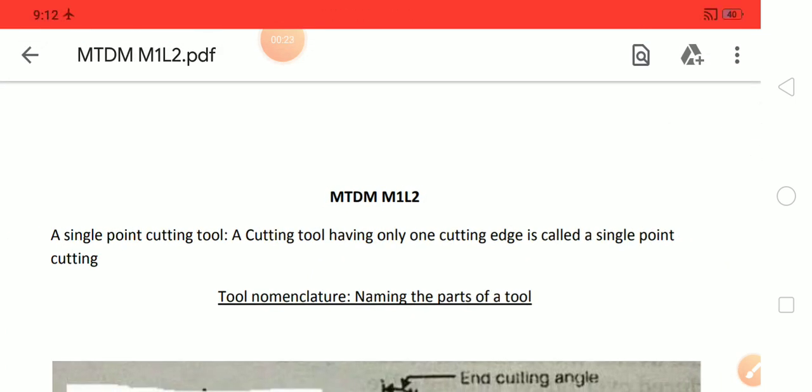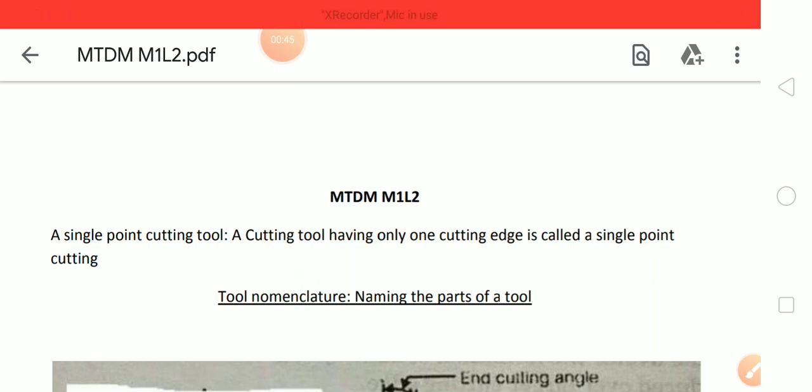A single point cutting tool has only one cutting edge, and that is called a single point cutting tool. I will give an example. If you are using a knife in your kitchen for cutting fruits, vegetables, fish, meat, etc., only a single edge is sharpened in a knife.